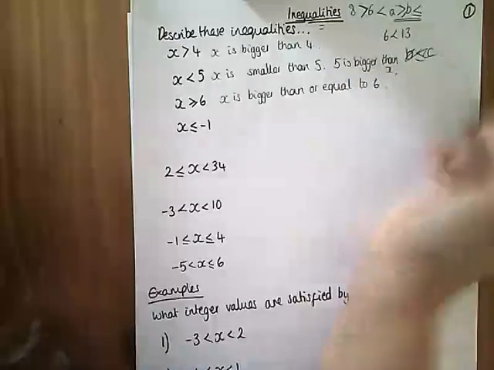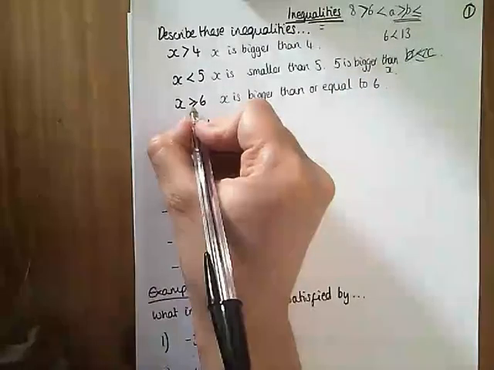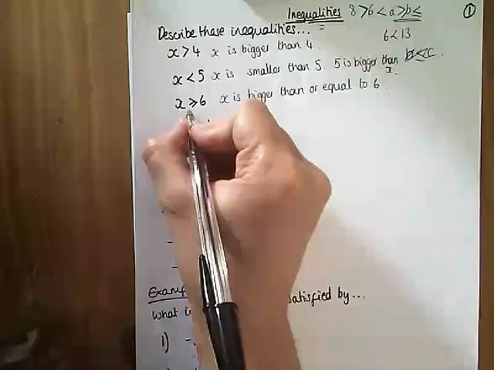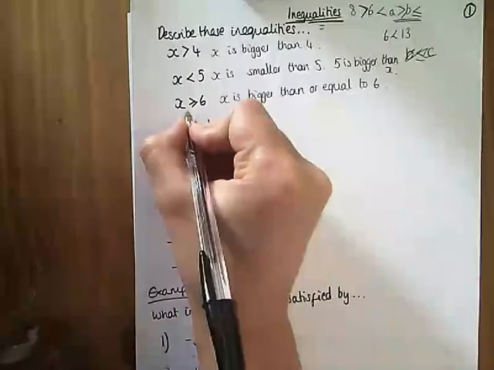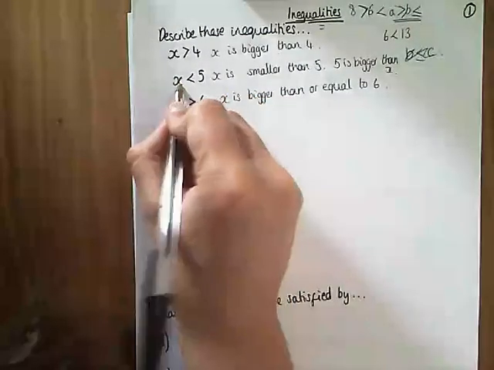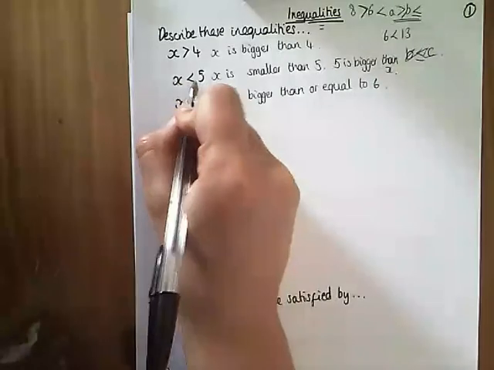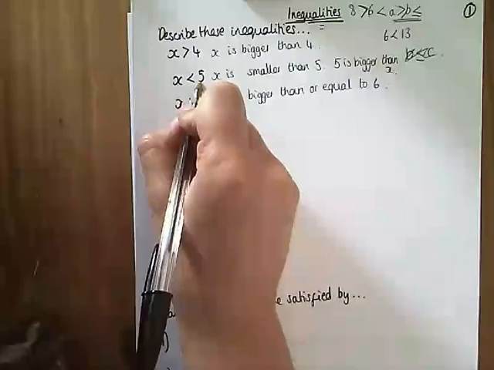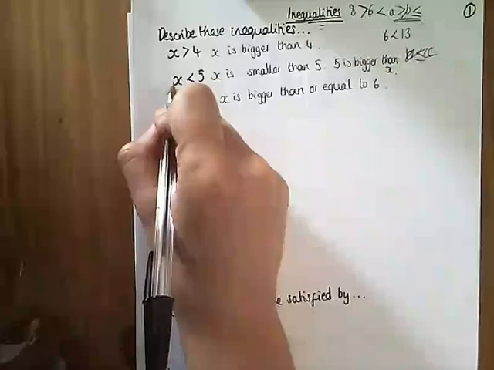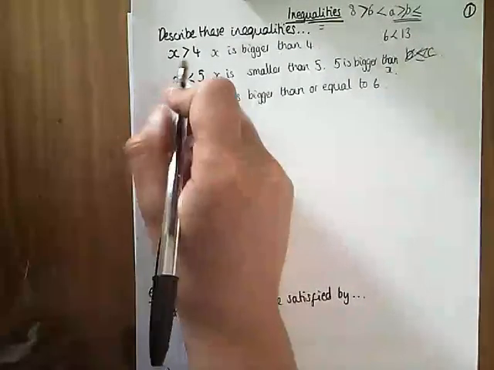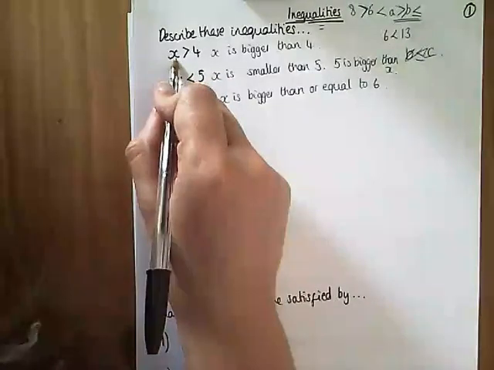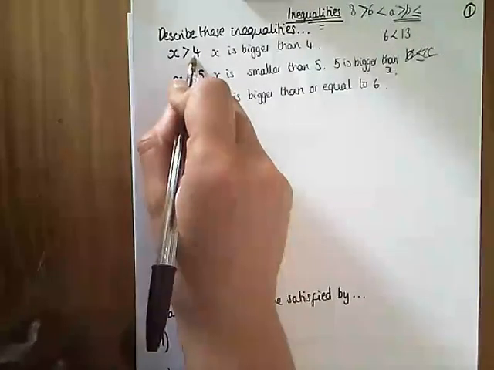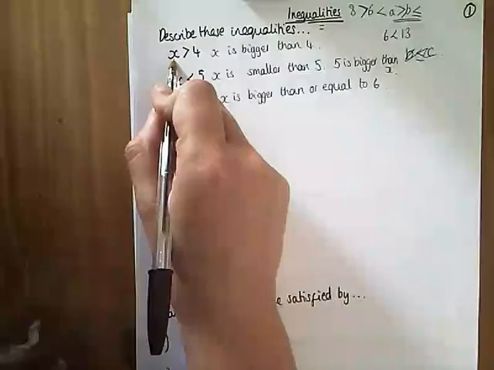If we're going to write some possible numbers, it could be 6, 7, 8, 9, 10, x could be any of those numbers, okay? Whereas here, x is less than 5, it can't be 5 because it hasn't got the equal sign on. So x could be 4, 3, 2, 1, 0, minus 1, etc. Again here, it's got to be bigger than 4, but it can't be 4, so x is 5, 6, 7, 8, etc.